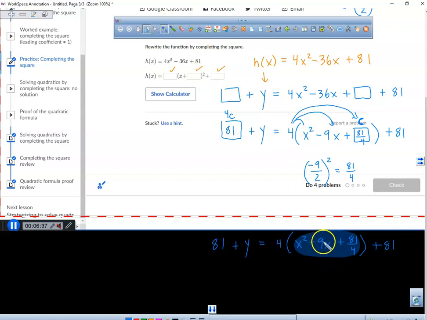Why is this so easily factorable? Because it's just always going to be what? Half that number. So this is going to be x minus 9 over 2. But what am I going to put right here? Squared plus 81 equals 81 plus y.